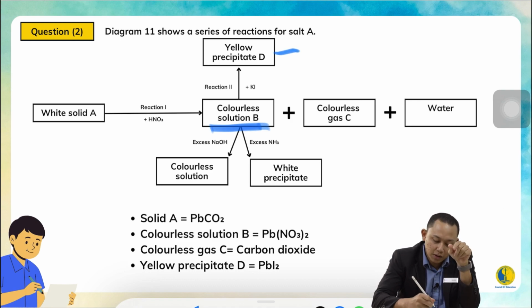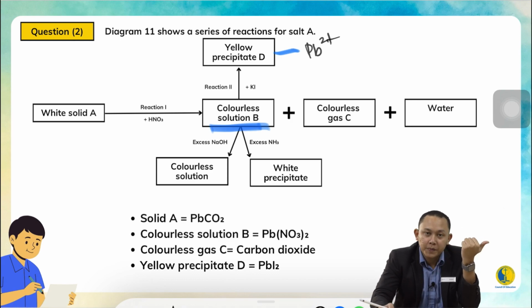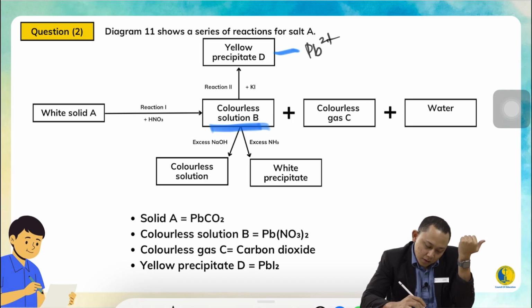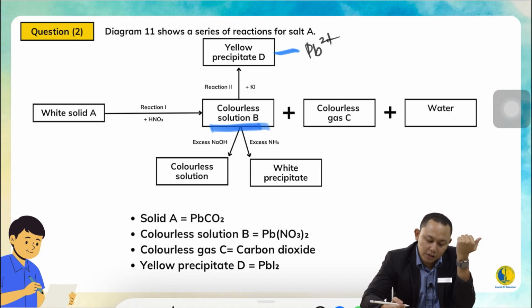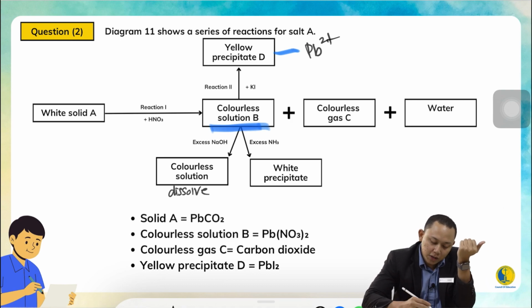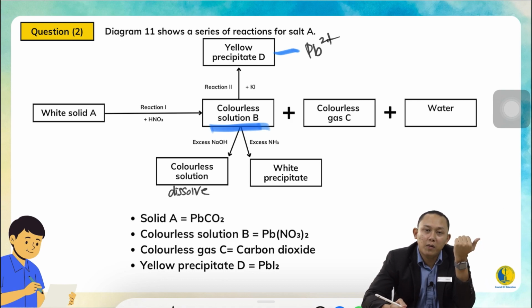This we know already contains the Pb2+ ion. Then using excess NaOH, it forms a colorless solution, colorless meaning dissolve. When you use excess ammonia solution, it produces a white precipitate, meaning not dissolve.